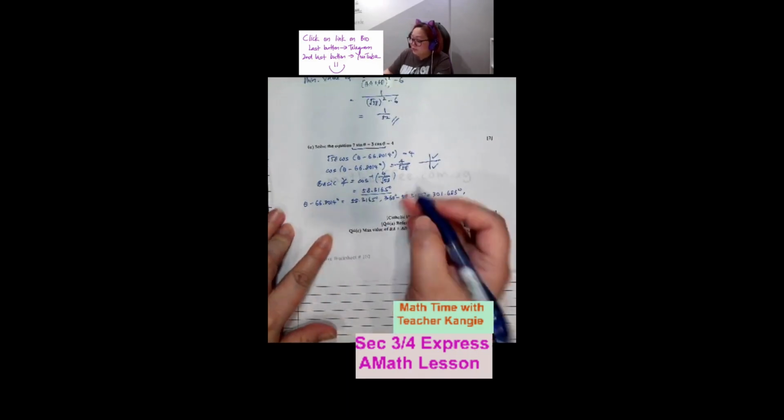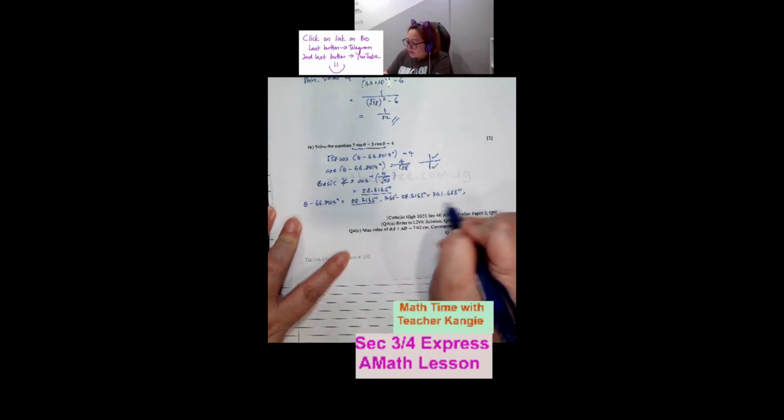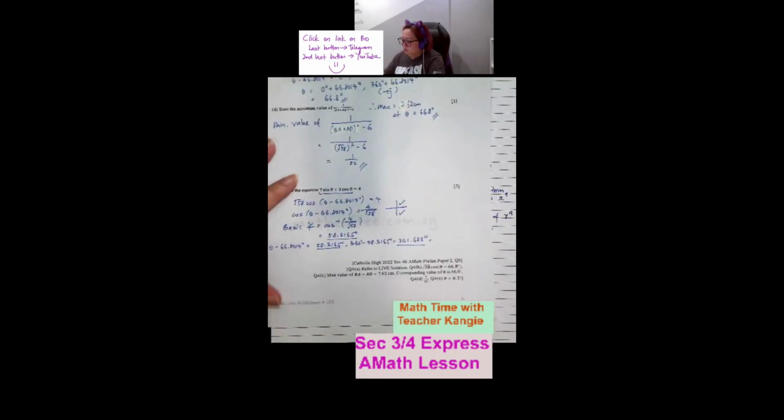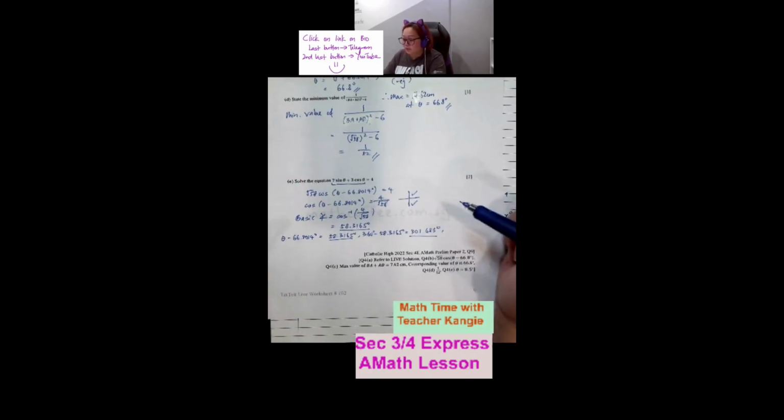But you need to be careful, because over here I still have a theta minus 66, so later I still have to plus the 66 in order to get my theta. So we always need to test and find out what other angles will still give us the theta within our range. I'm going to teach you this way how you know whether it is within the range.